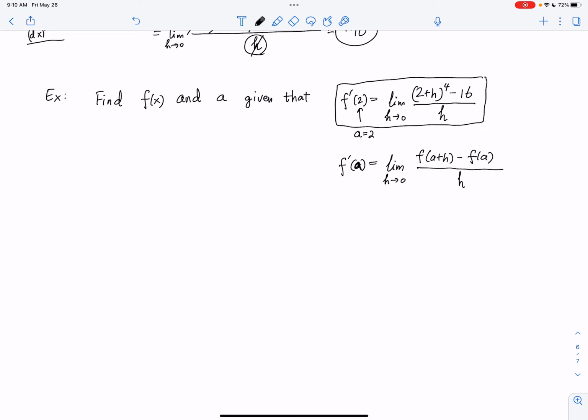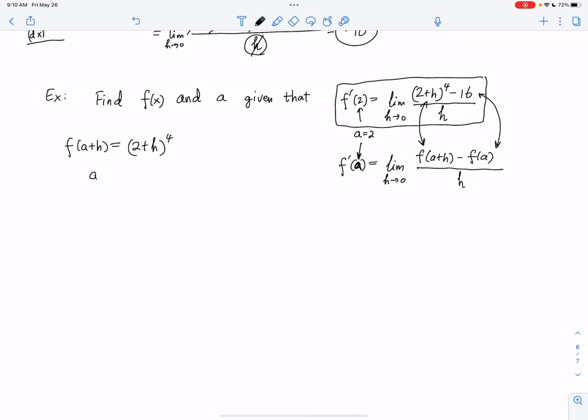Now you try to match these two. So you can see that a is equal to 2. And 16 should be f a. And that one should be f of a plus h. Right? So you can see that f of a plus h is 2 plus h to the 4th.